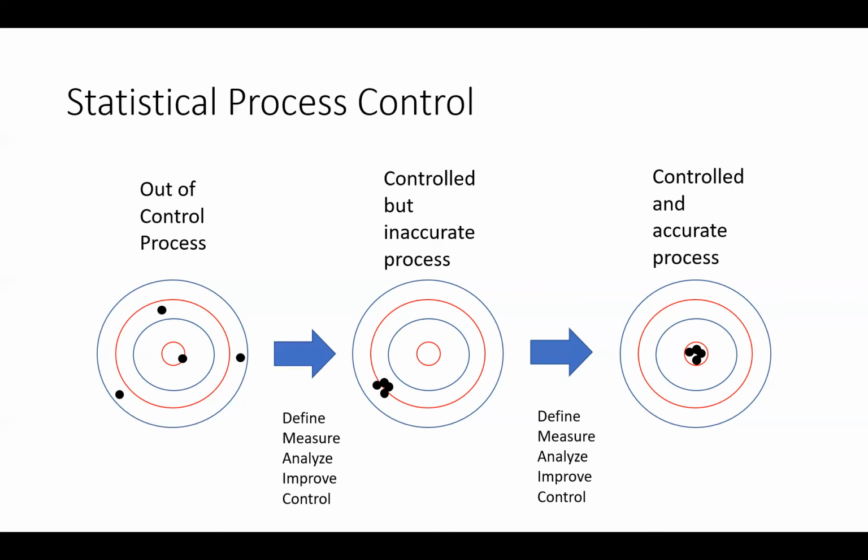That means something is wrong with the way the lab tech is loading the sample, or maybe something is wrong with the chemicals you're using to generate the result. Maybe something is wrong with the machine itself that you're running the sample through, right?